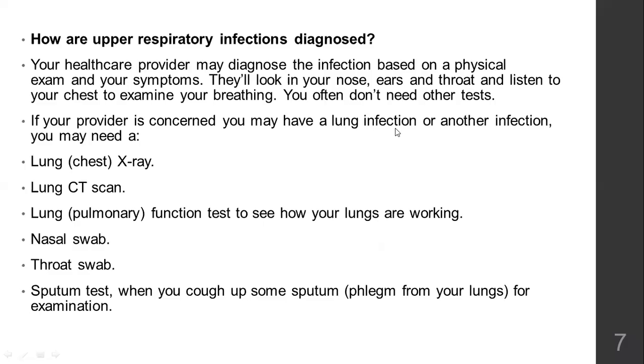You can do a PFT, pulmonary function test, as well, just to see the air capacity of your lungs, the inhaling capacity and all.